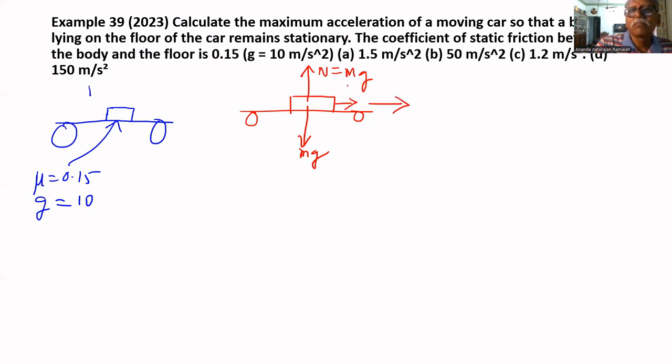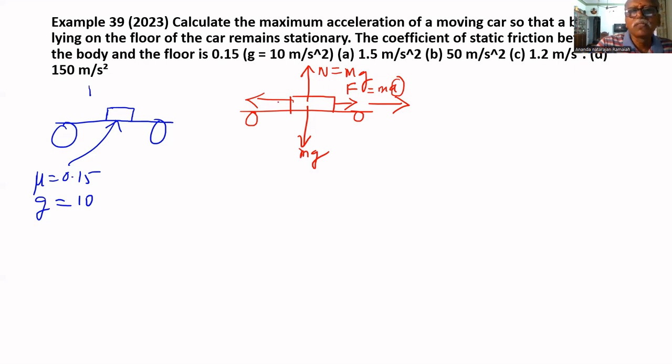Therefore, a force is applied by the car because of acceleration, F equal to mass into acceleration. The maximum acceleration we have to find. Therefore, in this direction, an equal and opposite force will exist, third law.